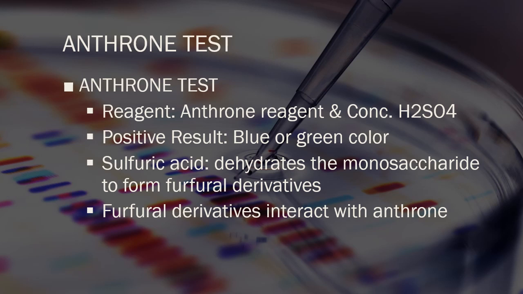Then you took an amount of brain and macerated it. You added the hot alcohol, and after that you filtered. Then you added 10 drops of your Molisch and then your anthrone test.